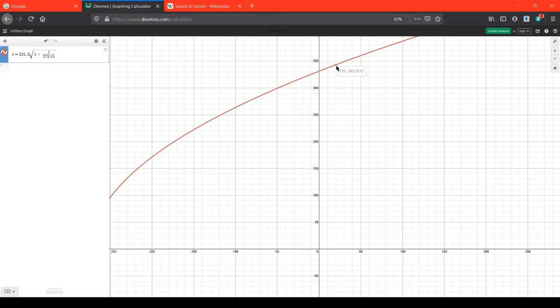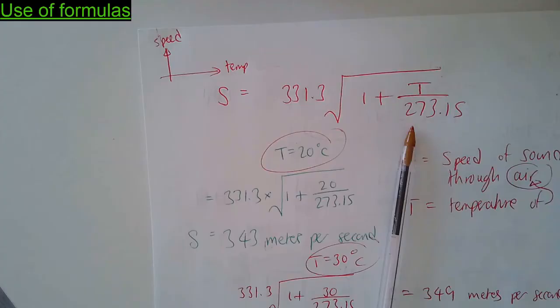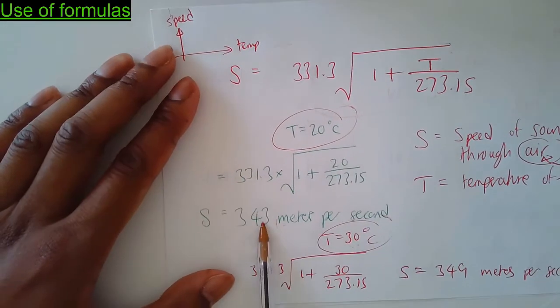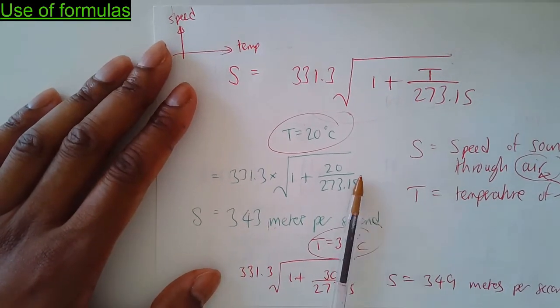Right, when it's 20 degrees Celsius, you can see it's 20 along the corridor, it's 343 meters per second up the stairs. It's what you just saw when we did the calculation.